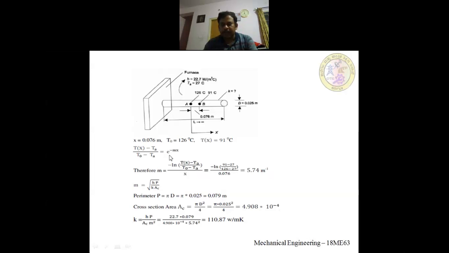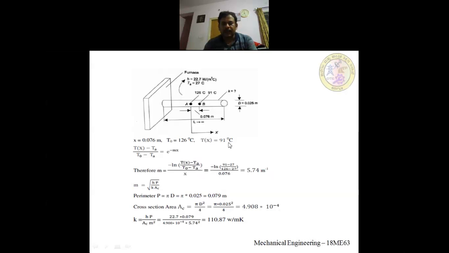Similarly, ln e to the base e will be 1. So minus mx into 1 will become minus mx. So what will be m? Ln of this divided by x with negative sign. That is what I have written in this formula.